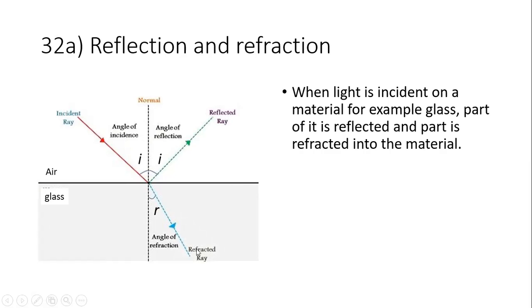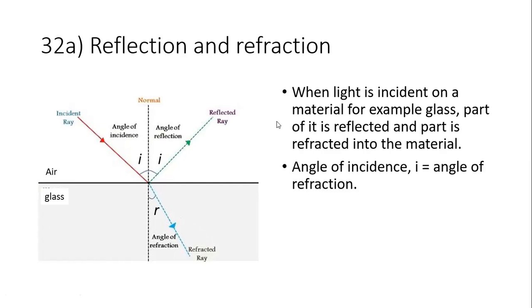This is the refracted light ray. This is your r. So the thing you need to remember is angle of incidence equals angle of reflection. And the refractive index of glass is sin i over sin r. Always the largest value on top, the smallest value, sin r, below.